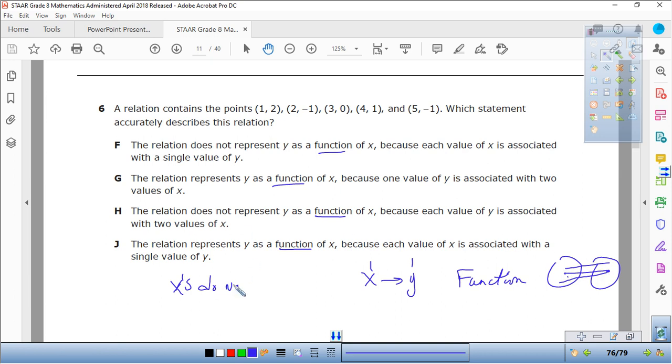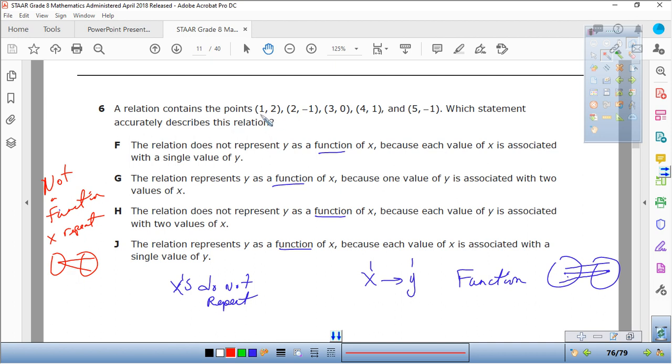What's not a function? x's do not repeat. Make sure you remember, not a function is when your x's repeat, and on a mapping you'll have this one going to two of them. You can't have that. If you have that right there, it's not a function.